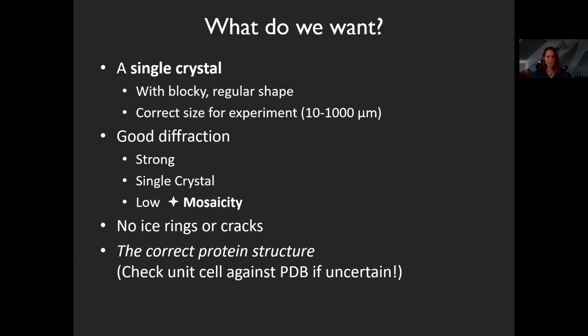Now, this may come as a surprise to you if you've not been for a while in a lab. But every now and then, I get sent problem structures from people who can't solve their protein structure, for example, by experimental phasing.